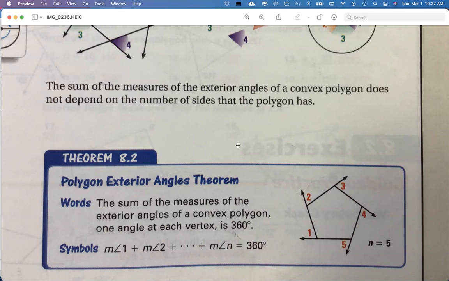A lot of them are acute, or almost all of them are acute. A square would have four right angles, it'd be 90, 90, 90, 90, which add up to 360. So these are going to be a little bit less. Hexagons will be a little bit smaller, and so on and so forth. Okay, so remember the exterior angles always add up to 360. These don't change like the interiors.